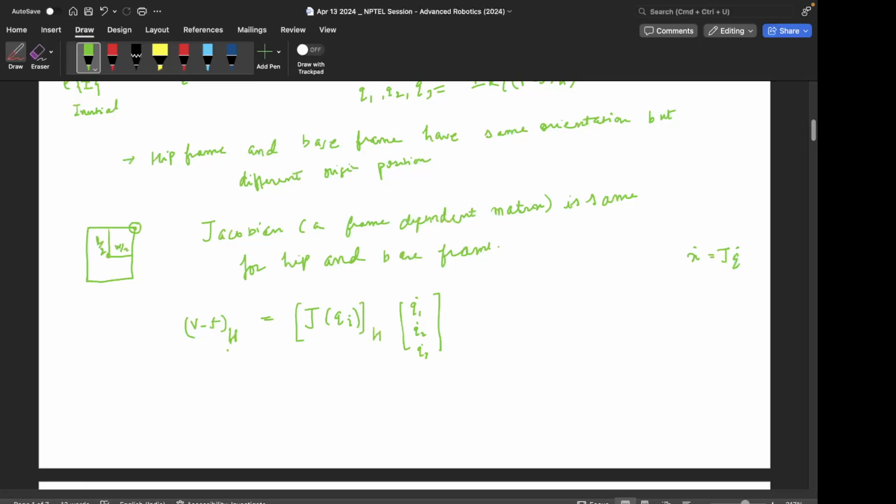So in the hip frame, this is the velocity of the foothold, right?